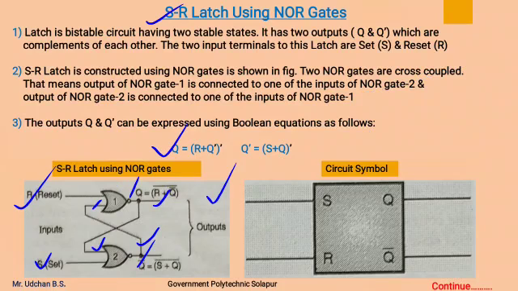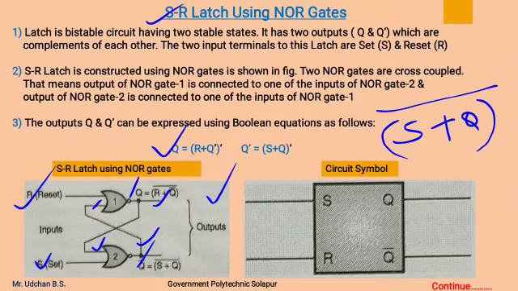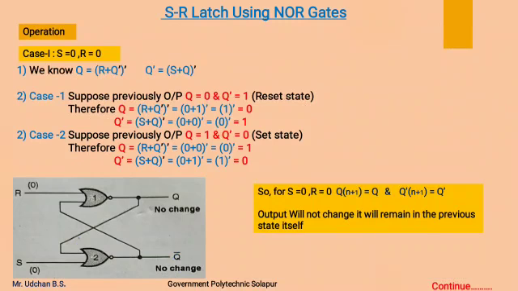Again, output of NOR gate 2, Q complement, can be written as (S plus Q) whole complement, as the NOR gate 2 is having two inputs S and Q. This is the circuit symbol of the SR latch, which is showing two inputs S and R and two outputs Q and Q complement. Now we will see the operation of SR latch.